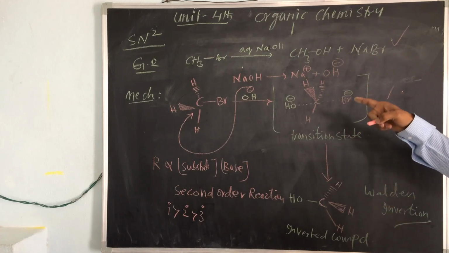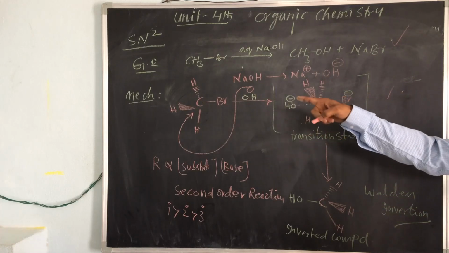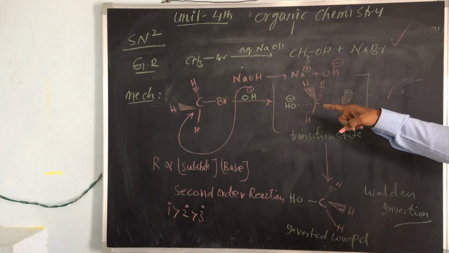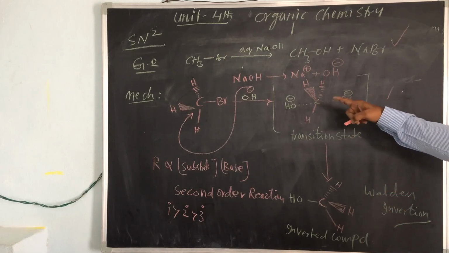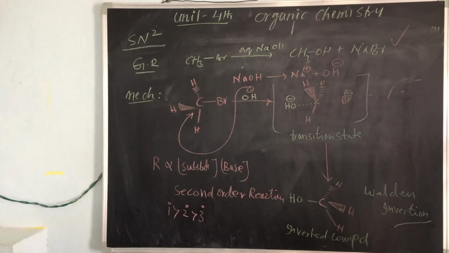First OH attacks the backside of the molecule, then the transition state and the inverted compound. Only one step, and the rate of reaction according to kinetic theory depends upon both the substrate and base.